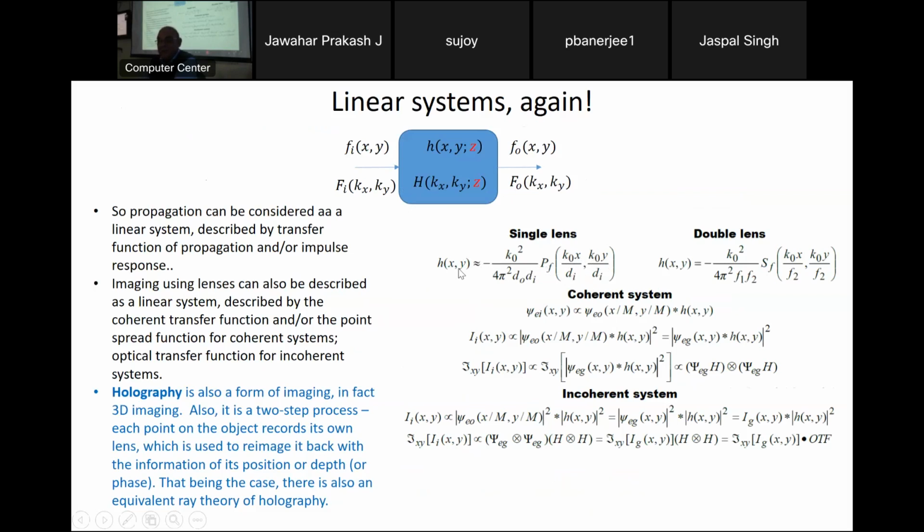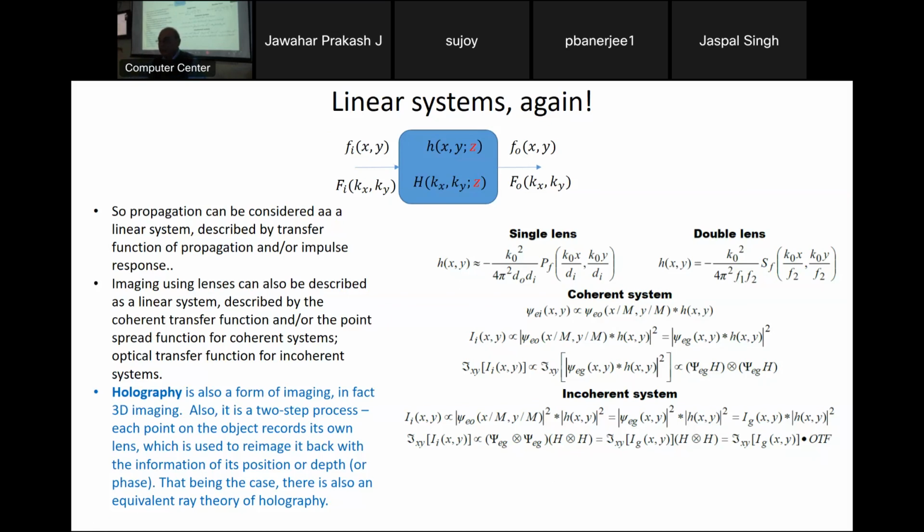So this impulse response for a single lens imaging system looks like a zeroth order Bessel function. That's why, starting from a point, the point is no longer imaged to a point; it has spread, because the optical field looks like the Bessel function. Intensity, of course, is the square of the Bessel function.